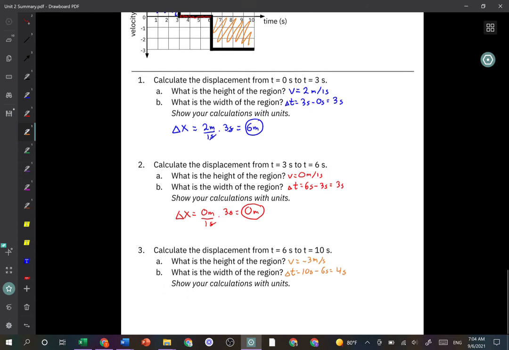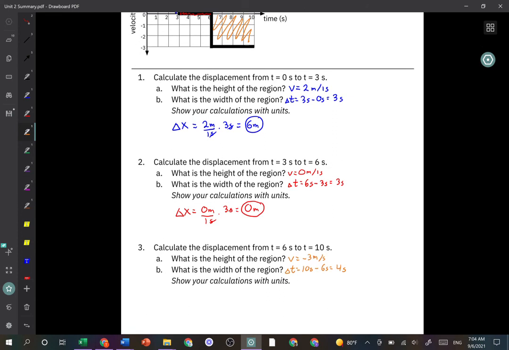So the displacement in the last 4 seconds of this object's motion is minus 3 meters every 1 second times 4 seconds. So the displacement is minus 12 meters. So this object travels to the left 12 meters in these 4 seconds.